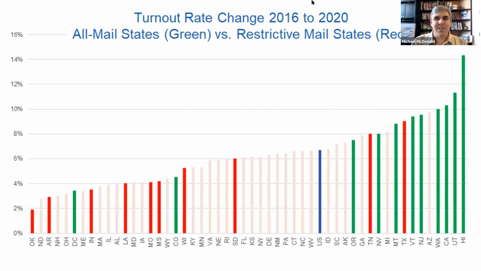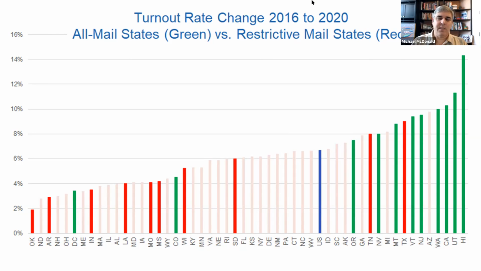And one last slide on all this is to look at this change, looking from 2016 to 2018. So that last one was just a simple bivariate scatter plot correlation of usage of mail ballots with turnout rates. Here I'm looking at the increase, and all states increased. Again, that's the good news, but the increase of turnout from 2016 to 2018.